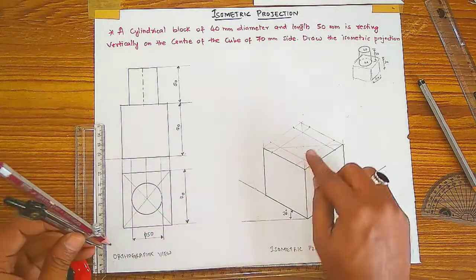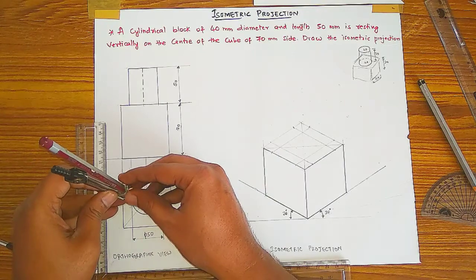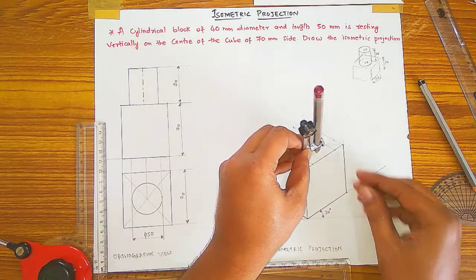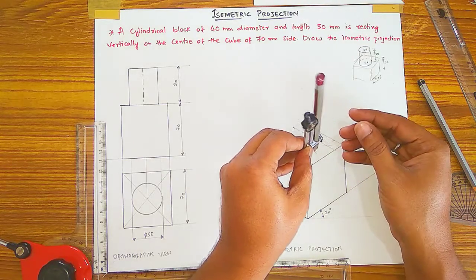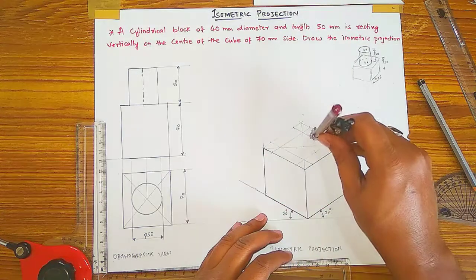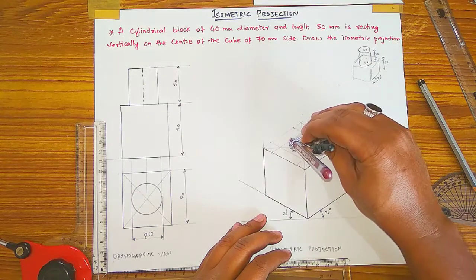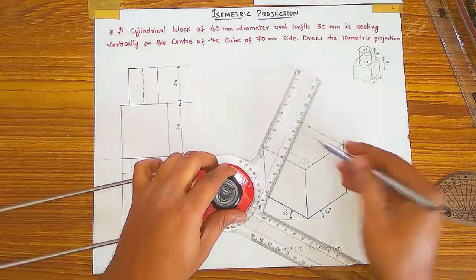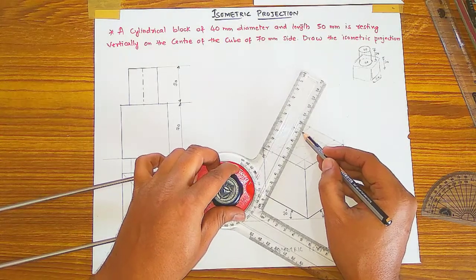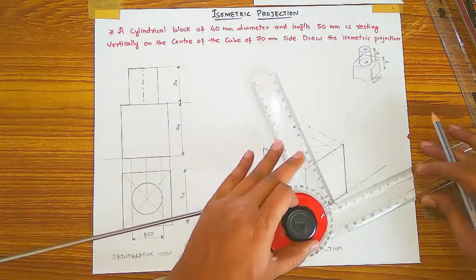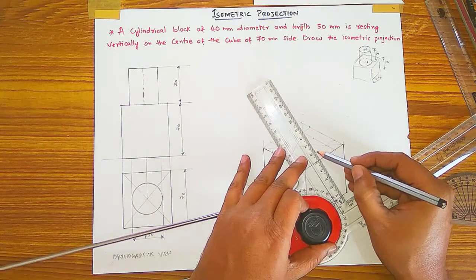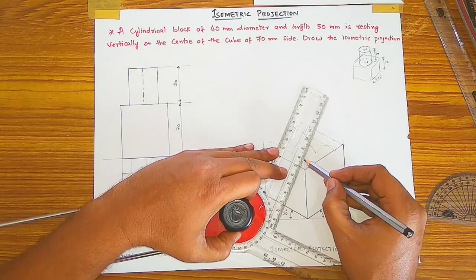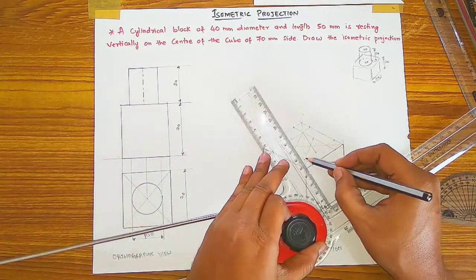So how to draw? We have to take half of this circle, means the radius of this circle measurement, and on that rhombus take the arcs like this. And draw the lines with these two arcs you have made downwards on the rhombus, and same from here like this.